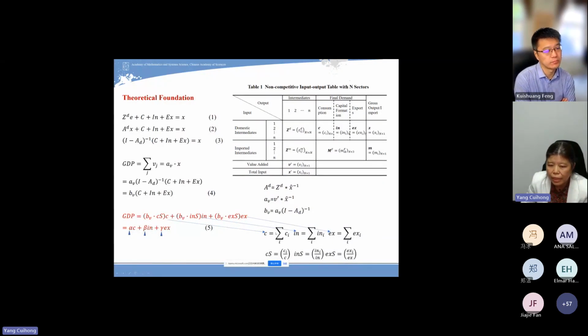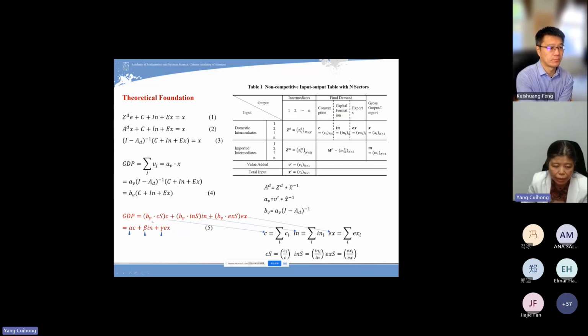And then, based on this definition, these formulas, and these indicators, we could calculate the total value added coefficients of consumption, investment, and exports.